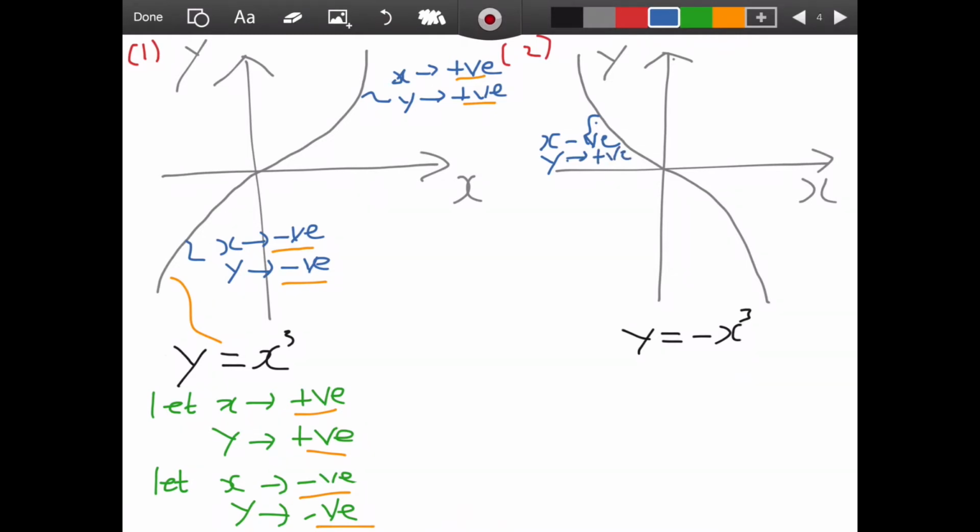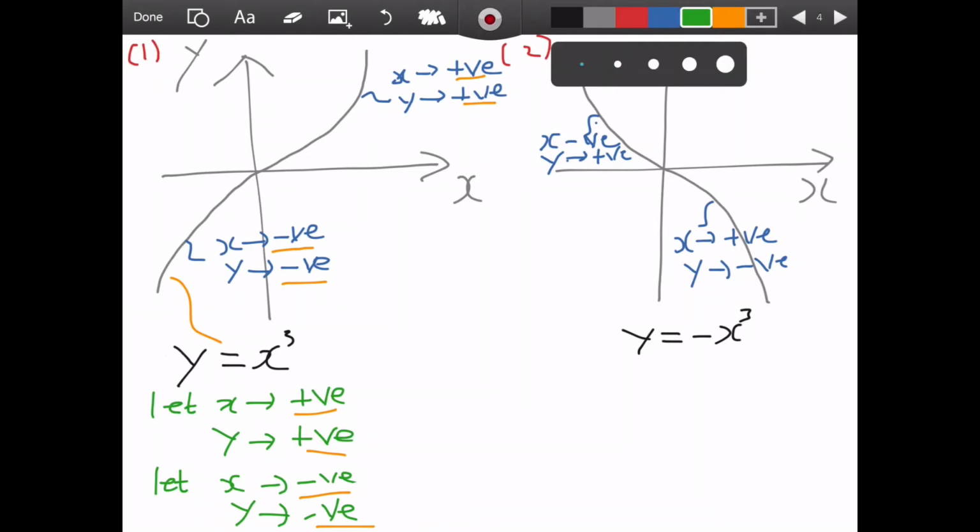So when x is negative, y is positive. How about in this quadrant? When x is positive, y is negative, right? So let's check whether the equation y equal to minus x cubed also follows this pattern.